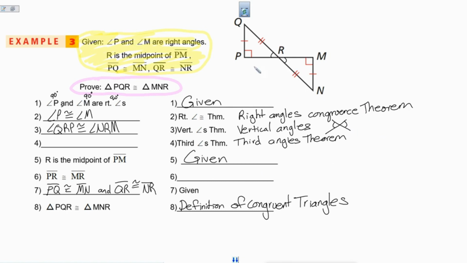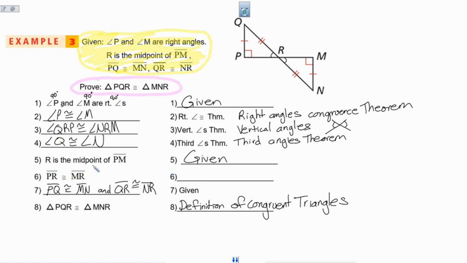It says that when you have two sets of congruent angles between your two triangles, which we do, that last set of angles, that third set of angles, is congruent. So angle Q is congruent to angle N because of the third angles theorem.